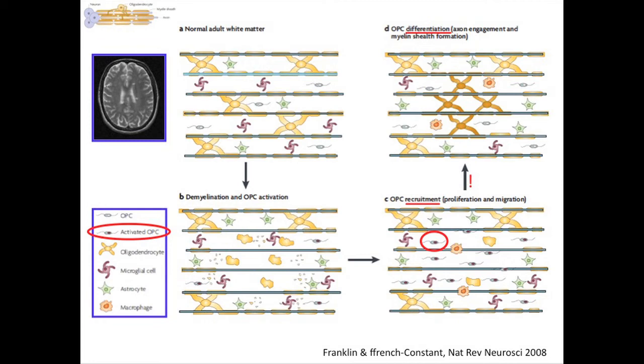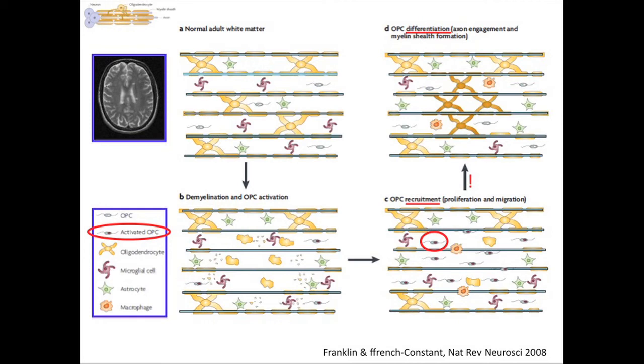Precursor cells are important because once your oligodendrocytes are dead, you need new ones to be able to remyelinate. Okay, and this is what is illustrated here. This is the recruitment phase of these precursor cells back into the area that was attacked earlier on.